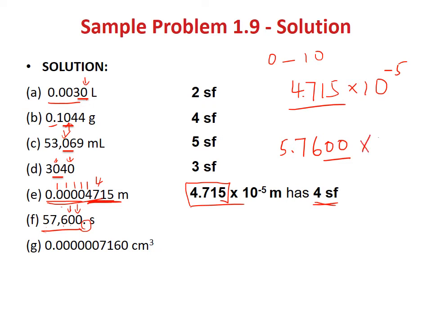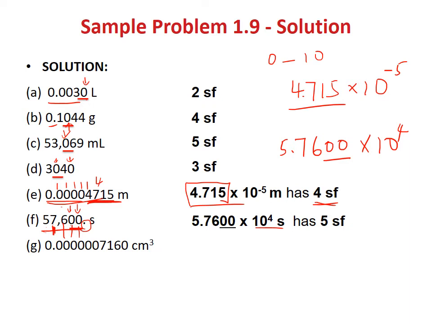And then times, and to determine the power, you need to count the numbers before the decimal. 1, 2, 3, 4. Okay, so 4 after 5, so power 4. So 10 to the 4th power, and we have 5 significant figures, and the 2 zeros are significant.